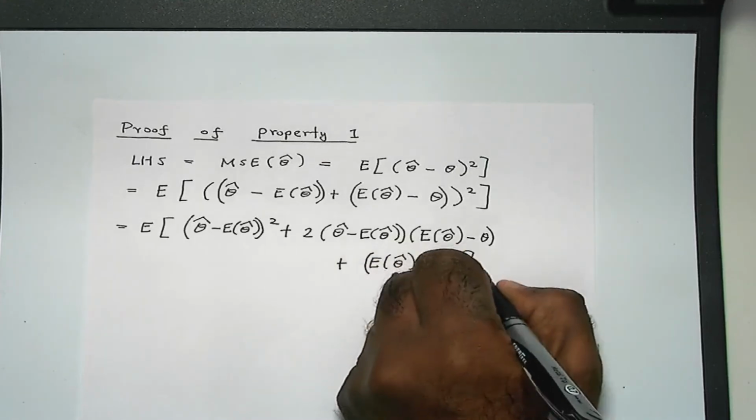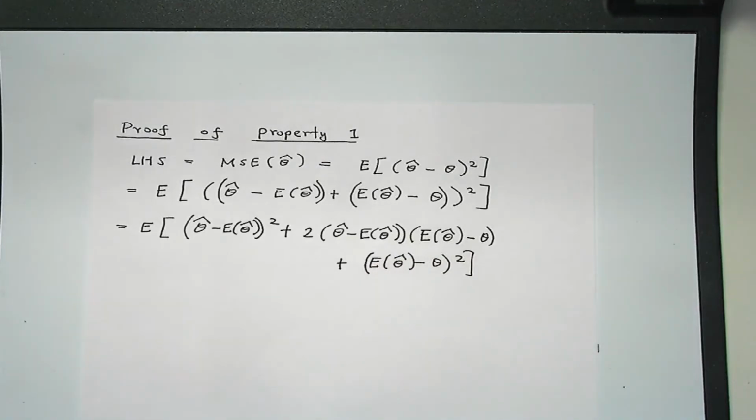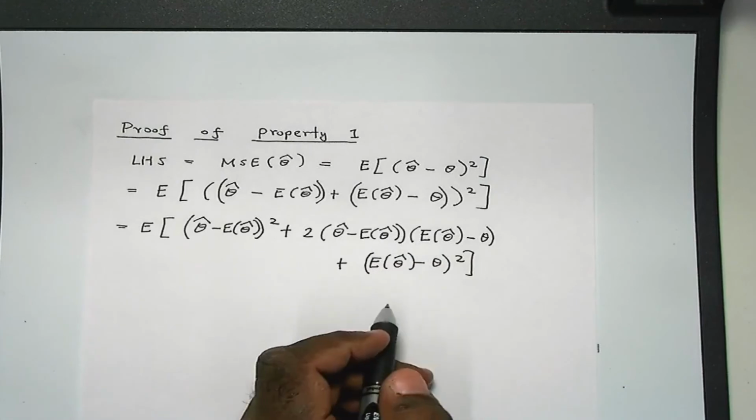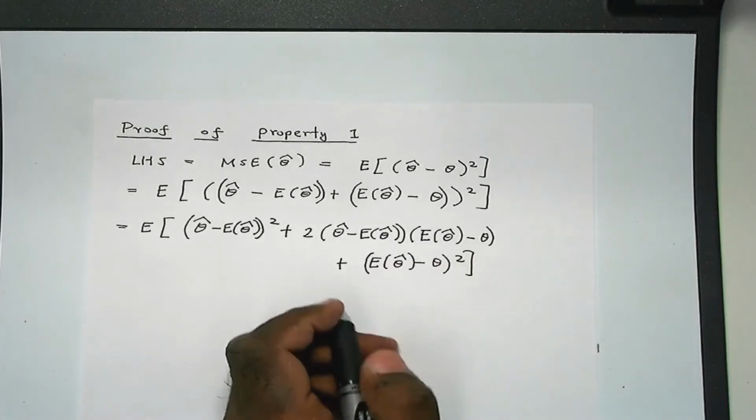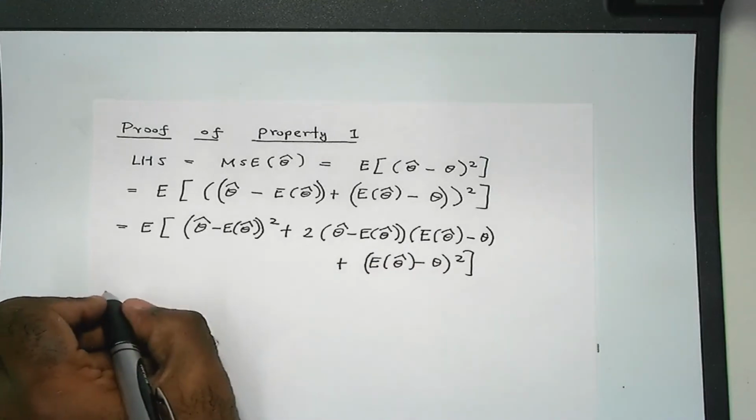Alright, in the next step I'm going to take the expectation inside the square brackets, so you will get 3 different expectations.